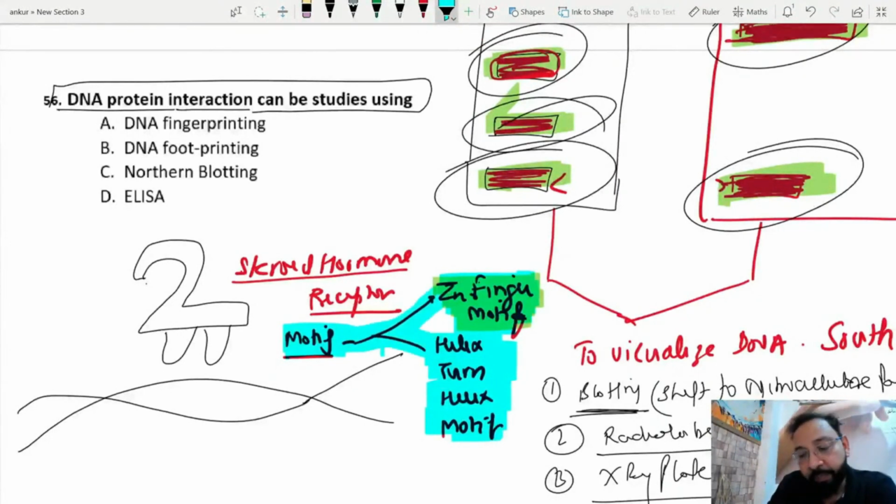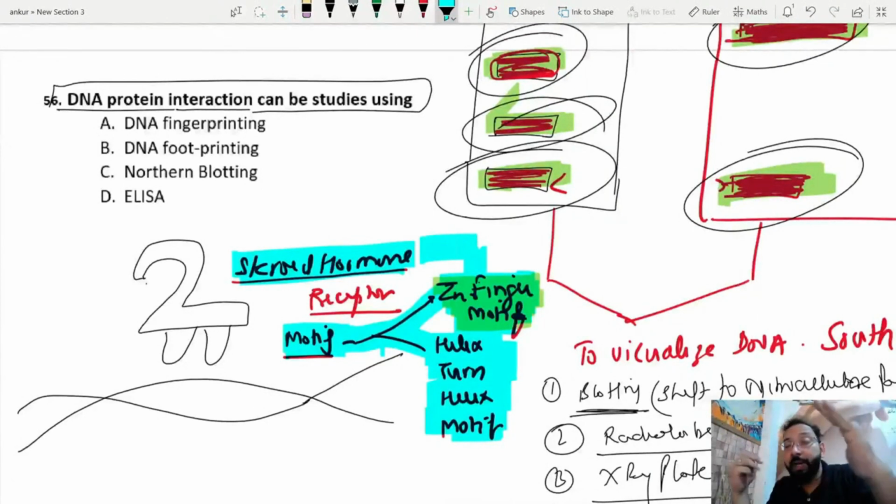Okay, so we found that zinc finger motif or helix turn helix motif, yes, steroid hormone receptor has zinc finger motif. What is motif? Motif is that part of protein which directly binds with DNA.